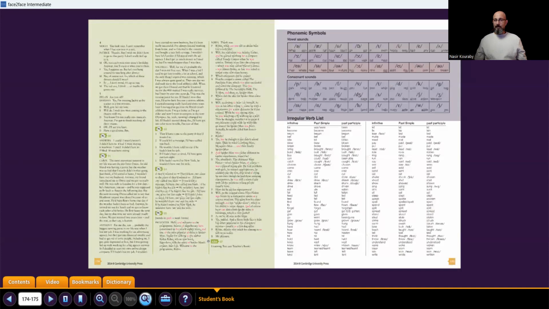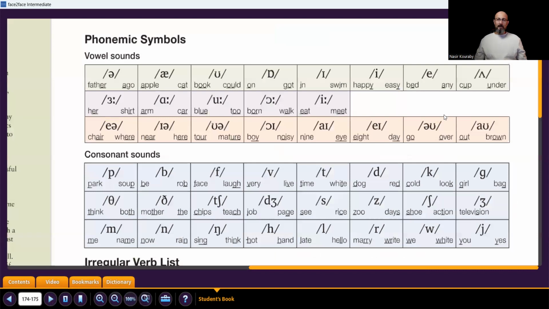We have the sounds. Some people are interested in studying good pronunciation of the words, the letters and the sounds. So here we have the vowel sounds and consonant sounds and how we say them. We're going to use them in the lessons, but just to know where they are.